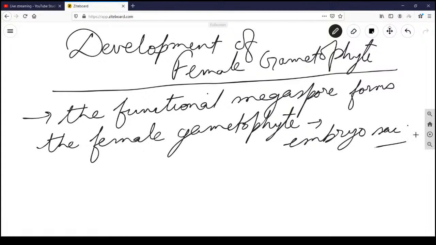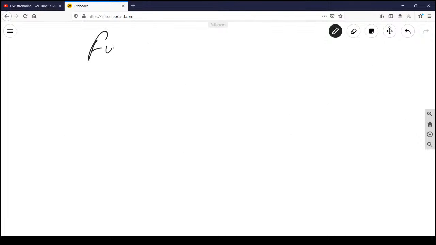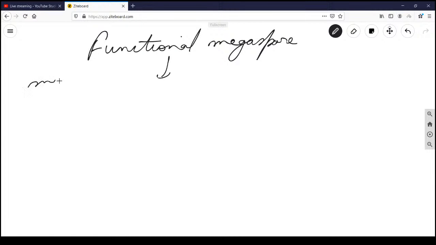So what happens is, the functional megaspore, the lowermost one, will go for mitotic division. How many mitotic divisions?